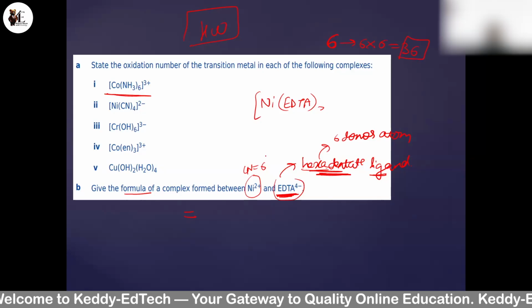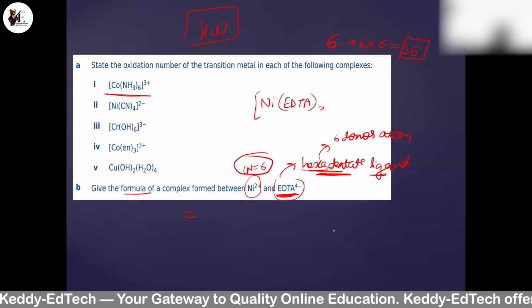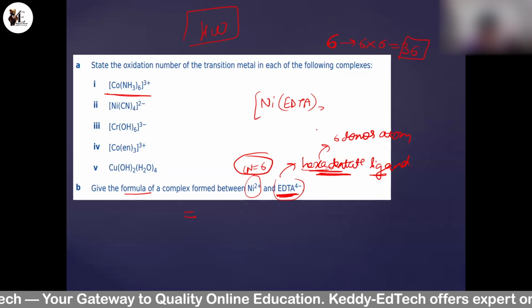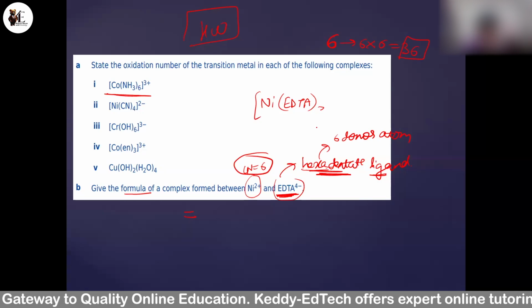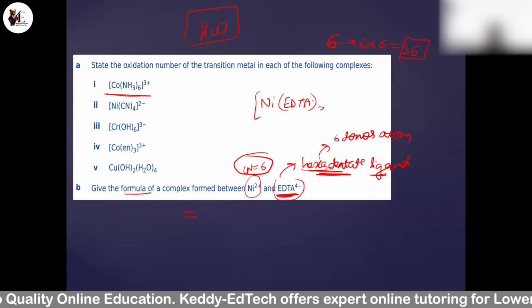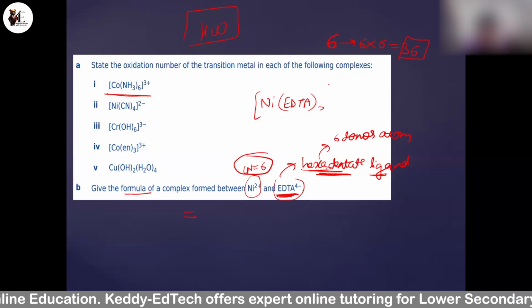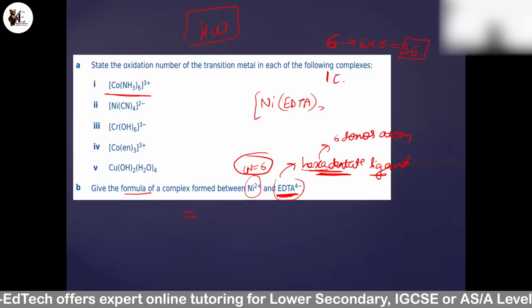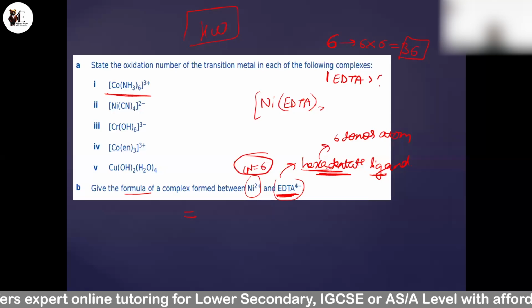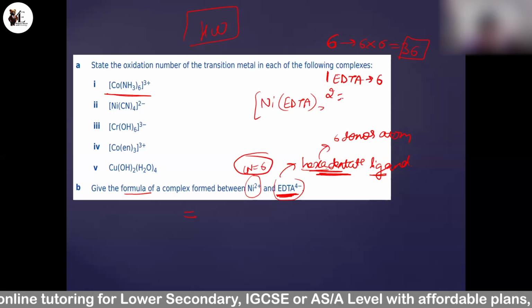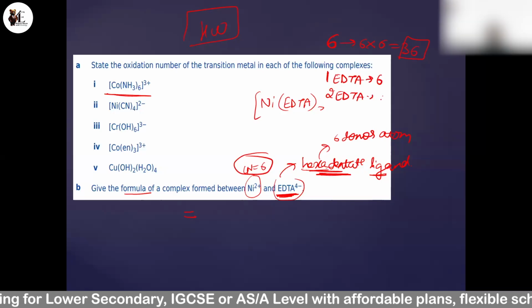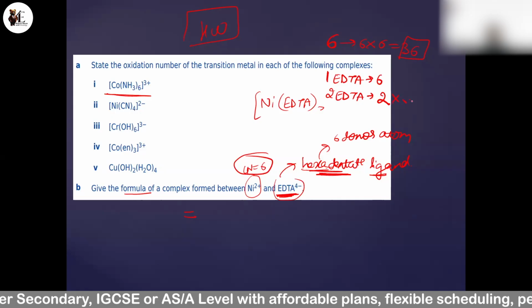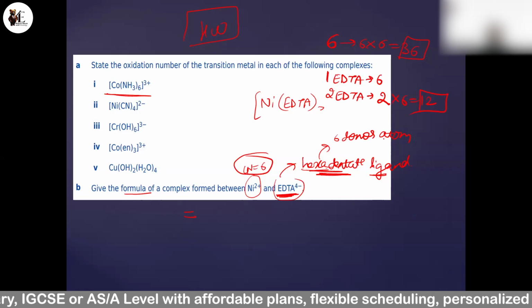It is not possible. I am telling you the maximum coordination number is 6. 2, ma'am? If you are saying 2, then 1 EDTA means 6 donor atoms, so 2 EDTA means 2 into 6, 12 donor atoms. This is also not possible.